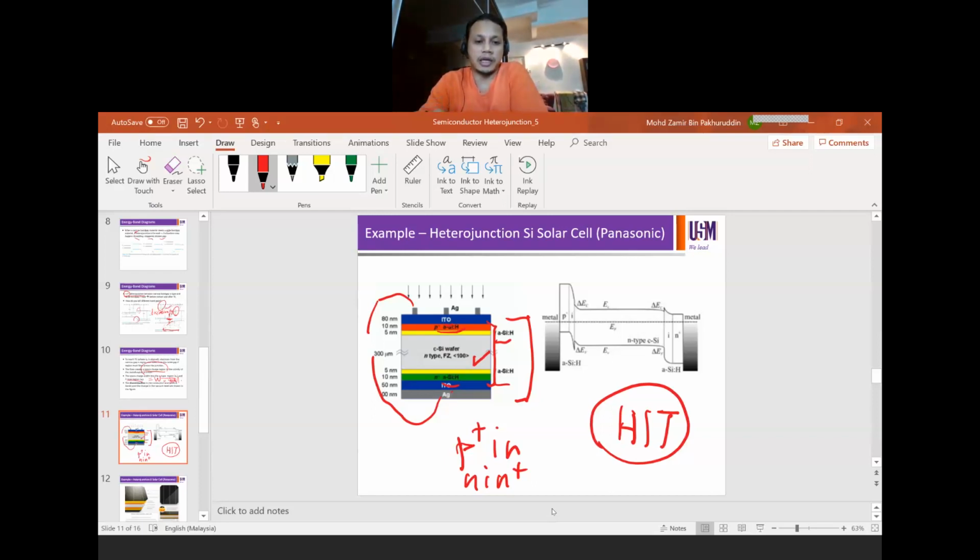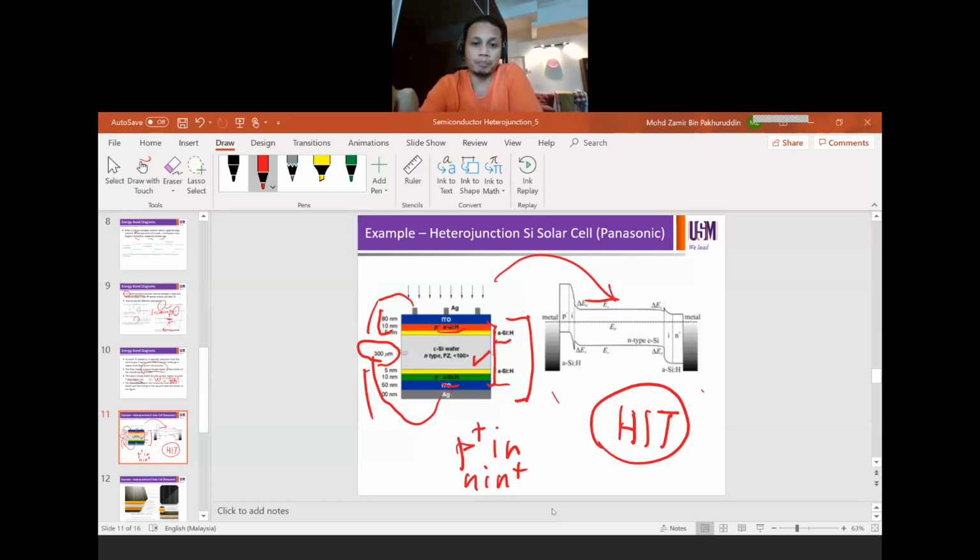Notice that the silicon wafer here is 300 micron thick crystalline silicon. The layers on top and at the bottom are just very thin, about 100 to 200 nanometer max. And the band diagram is given by this. Left and right are the metals, the top metal and the rear metal.